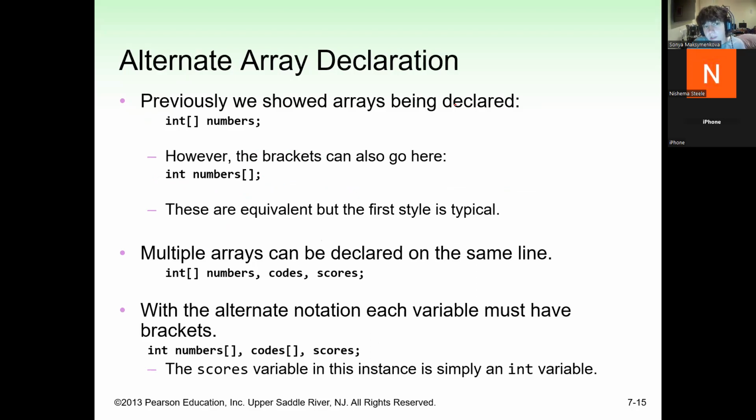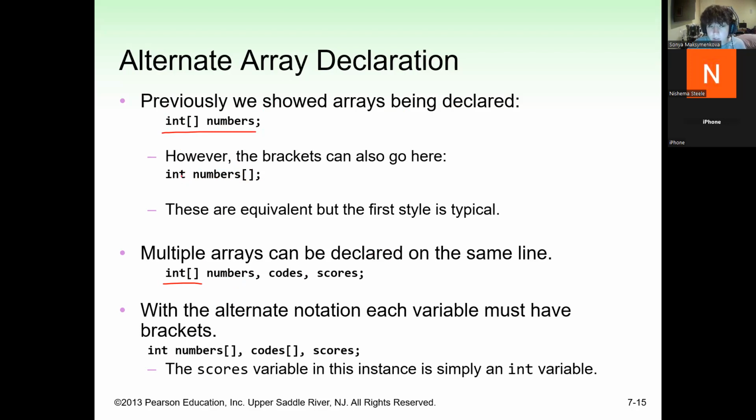Here's a couple of ways to declare your array differently. You can either put your brackets after your data type, or you can also put your brackets after the name. However, you will usually see people do it the first way because it's just more common. And you can also declare multiple arrays on the same line. But if you declare it this way, it doesn't matter how many variables you want to declare.